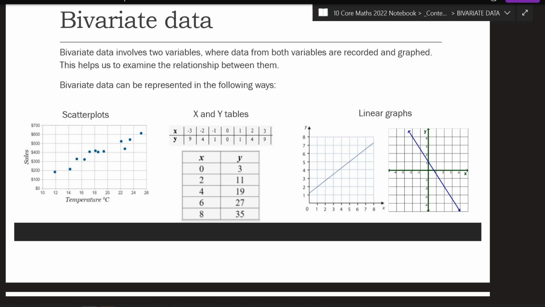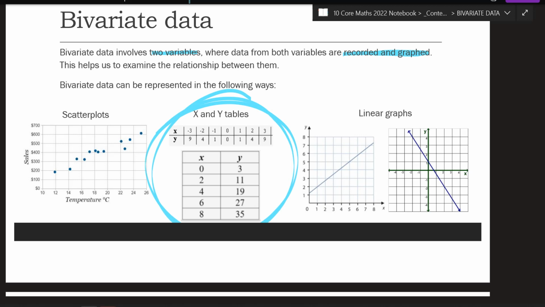So in bivariate data, you've got 2 variables, and both of them are recorded in a graph. Generally speaking, bivariate data always has a graph with it. So you've got this data, and then you have to translate it to a graph. That's what's going to happen. If I was to ask you, can you tell me the relationship between both of the variables just by looking at the numbers?